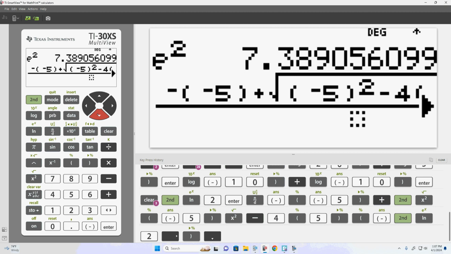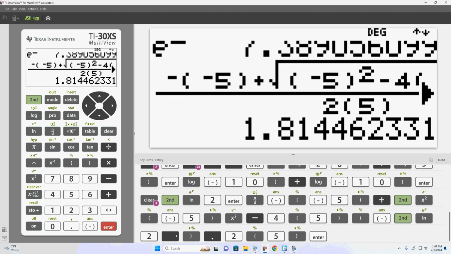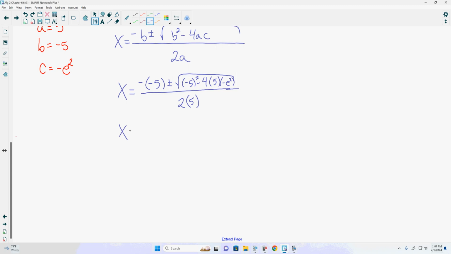And on the bottom, it is 2 times 5. Type the whole thing in, and our answer is 1.814. We're going to round to the third decimal place. That's our answer. There are two like this on the homework, and you'll have to round for them.